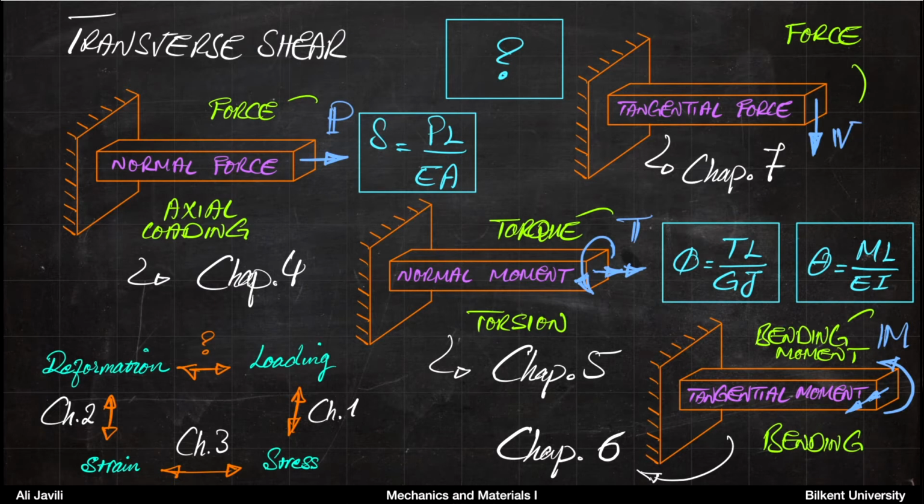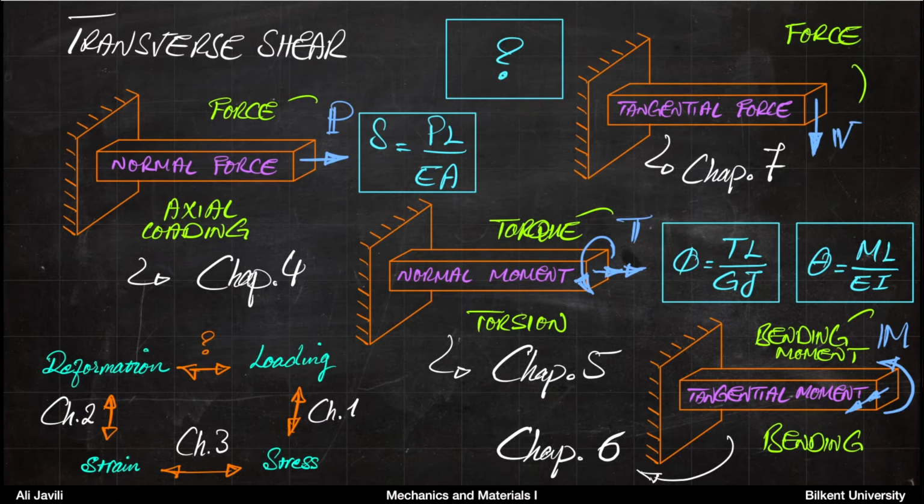That relationship corresponds to a loading that is shown in the figure here. You have a beam or a shaft and you apply a force that is no longer normal, it's tangential to the beam. It's not a normal force, it's a tangential force, and it causes a shear stress. We want to calculate that shear stress.